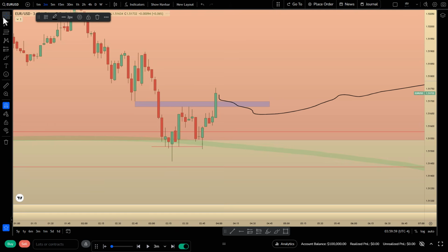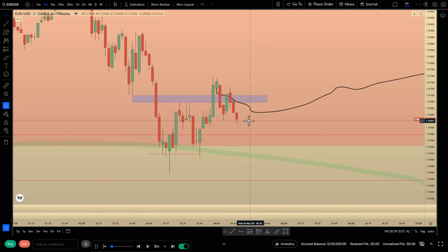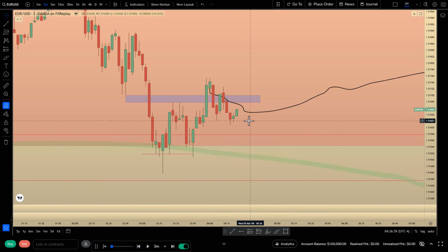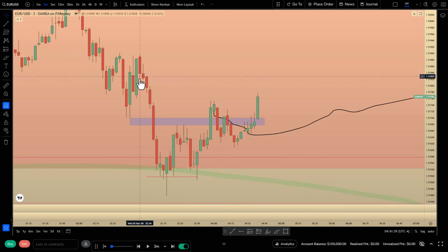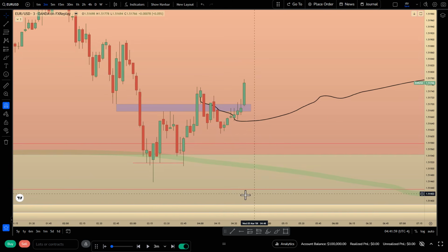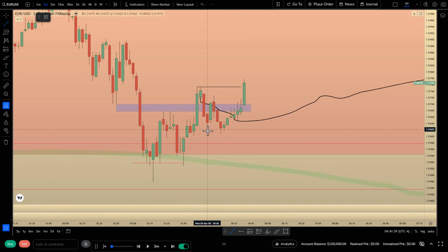Let's go to the 3 minutes. We are trading down. Alright, we are finding support from this candle. So this potentially can be broken eventually. We have another break of structure right here. And we have a sweep right here.